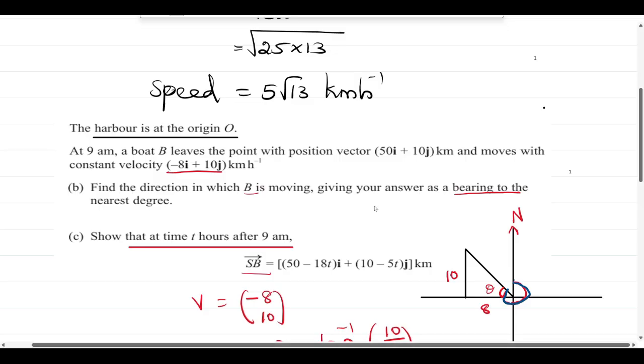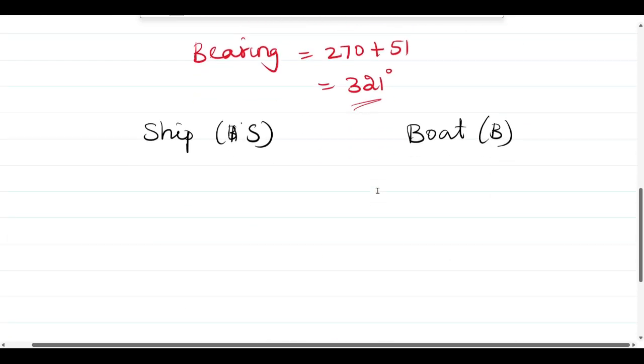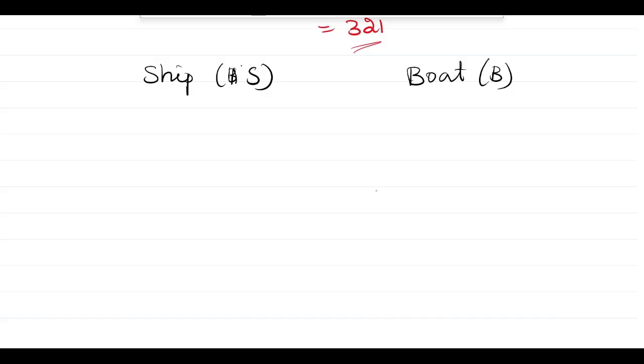The velocity of the ship is given as 10 and 15. The harbor is at the origin, so the ship is at the origin. The initial position vector is 0, 0.